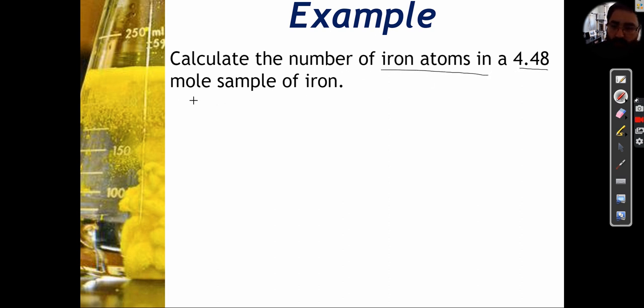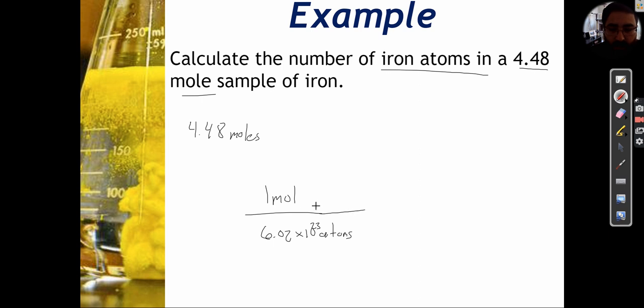Well, if we got 4.48 moles, and the definition of a mole, so 1 mole of any substance is equal to 6.02 times 10 to the 23 particles of that substance. Now the type of particle we have is atoms. And then the type of substance we have, well, we have iron and atoms of iron.